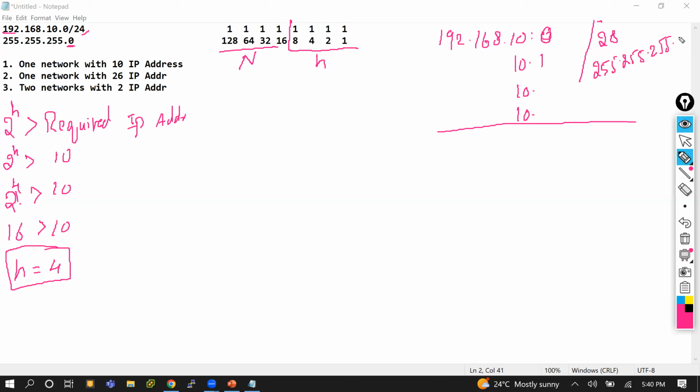What is the subnet mask? 240. 128 plus 64 is 192, 192 plus 32 is 224, 224 plus 16 is 240. Okay. So 255.255.255.240.